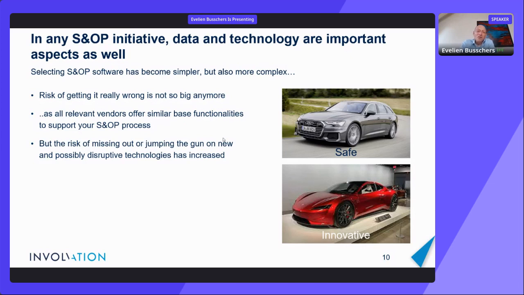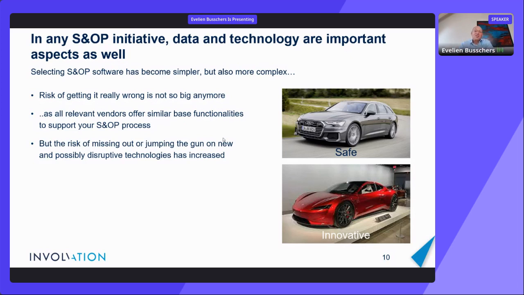But of course, there have been quite significant changes in terms of technology, and that means that the risk of missing out, or the risk of jumping the gun, being too new or too advanced for your organization, has actually increased.